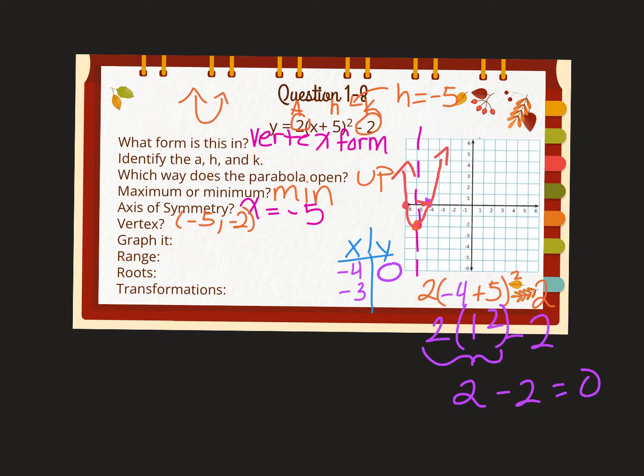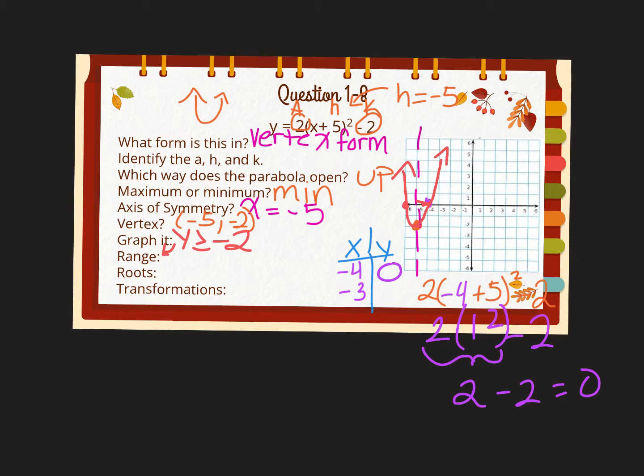So let's figure out the range. Our range is, how low does it go? It goes to -2. And our y values have to be bigger than or equal to -2, because it's opening up. That's our range. Your roots, well, we just found them, right?